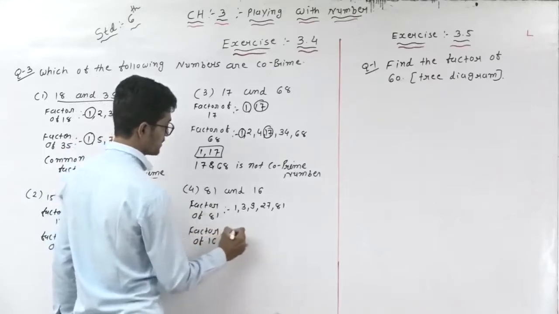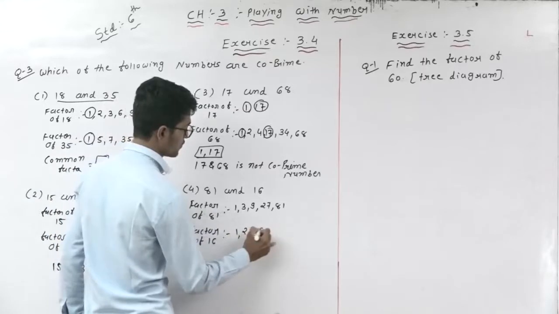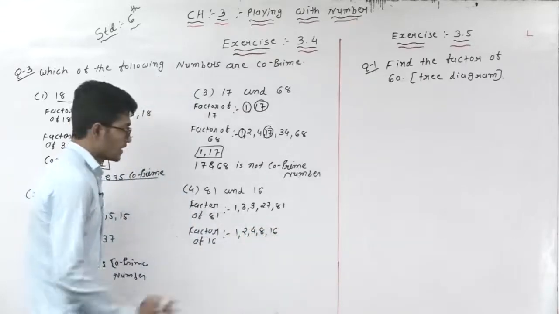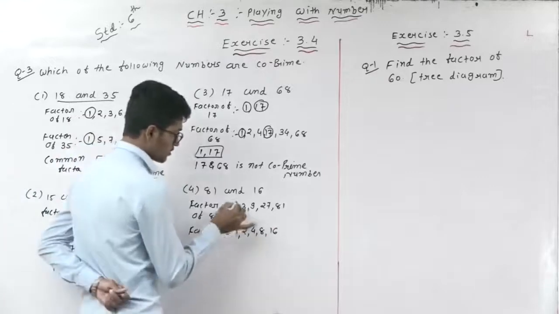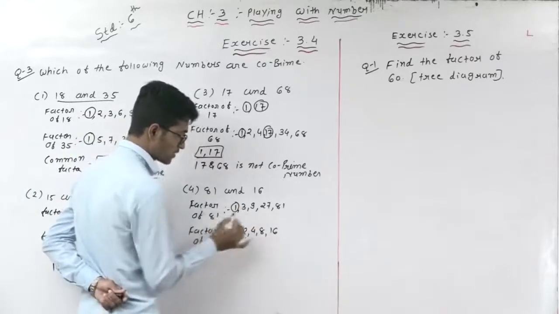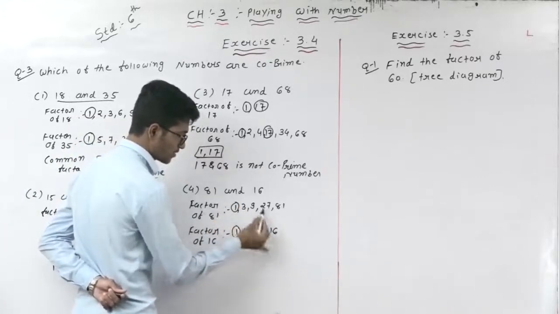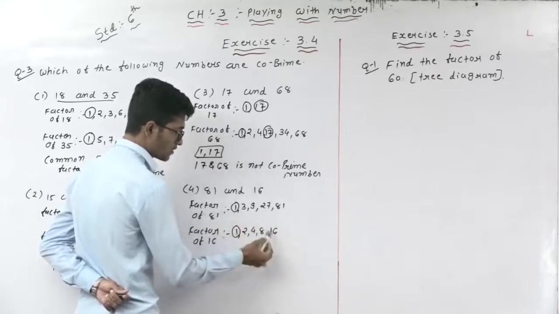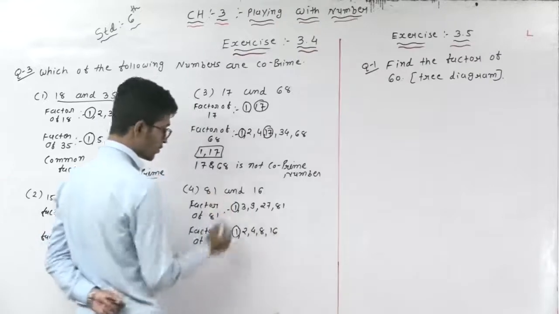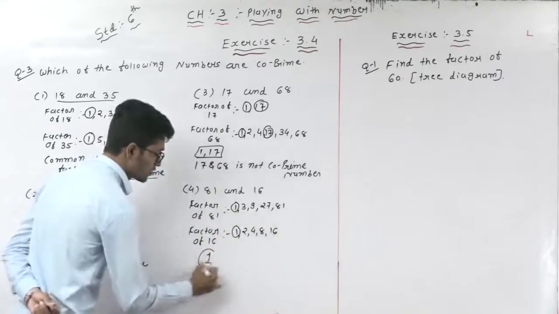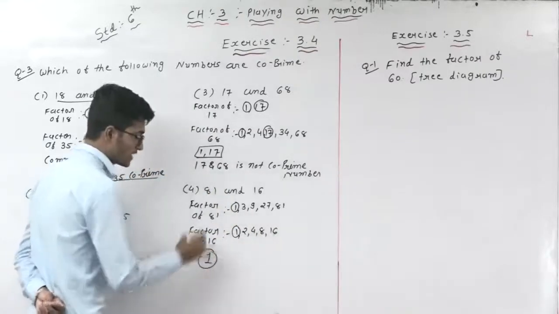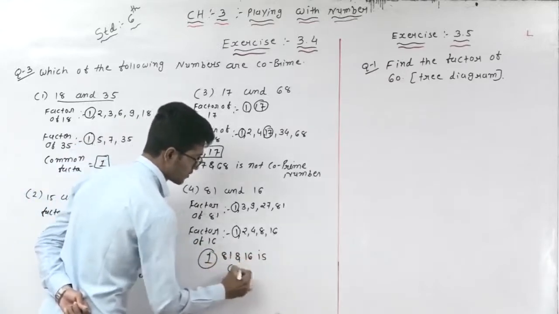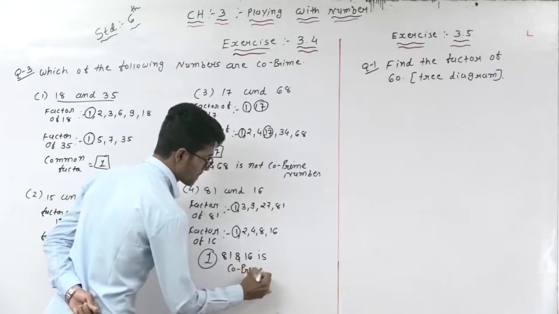What are the factors of 16? 1, 2, 4, 8 and 16. Now find the common one. 3 not, 9 not, 27 not, 81 not, 2 no, 4 no, 8 no, 16 no. It means the only common factor is 1. So 81 and 16 are co-prime numbers.